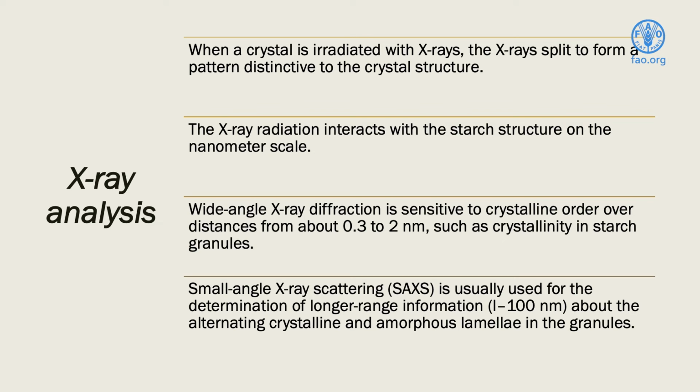Wide-angle X-ray diffraction is sensitive to crystalline order over distances from about 0.32 nanometer, such as crystallinity in the starch granule, and small-angle X-ray scattering is usually used for determining longer range information from 1 to 100 nanometers about the alternating crystalline and amorphous lamellae in the starch granules.